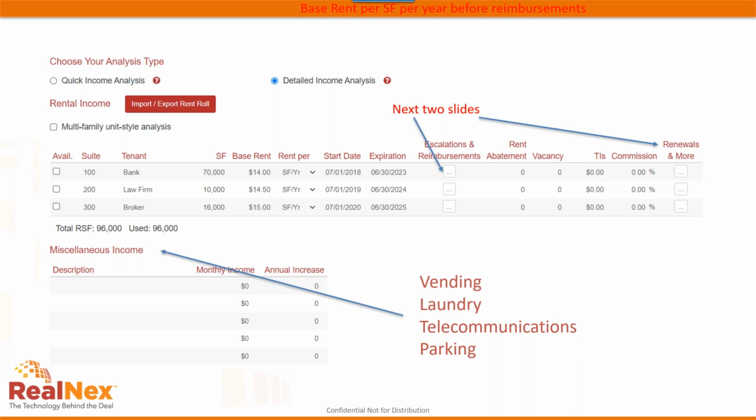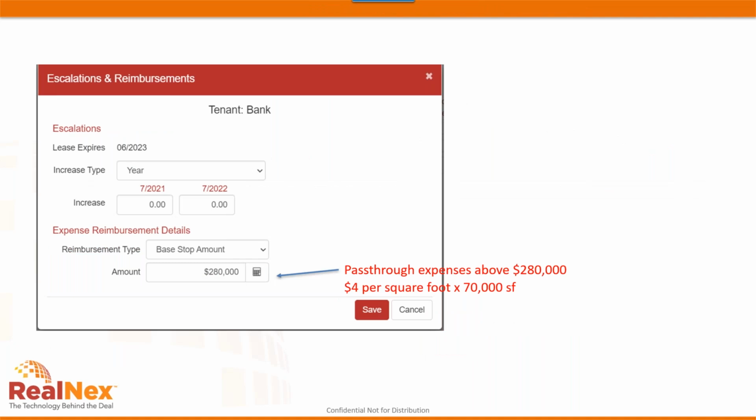Notice you can put in rent different ways. I don't show all the other options, but instead of rent on a per square foot basis per year, it could be per square foot per month, or it could be just a total amount, but those are the main ways that you would see it. And then if there's any miscellaneous income, you'd put that in. Don't have any in this case.